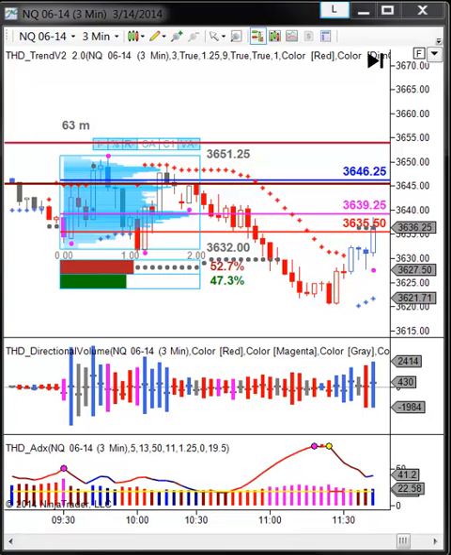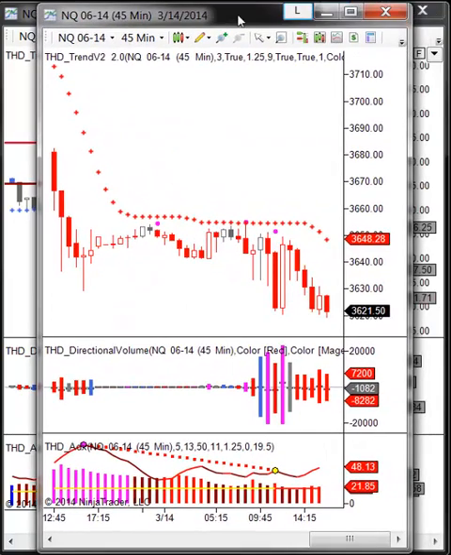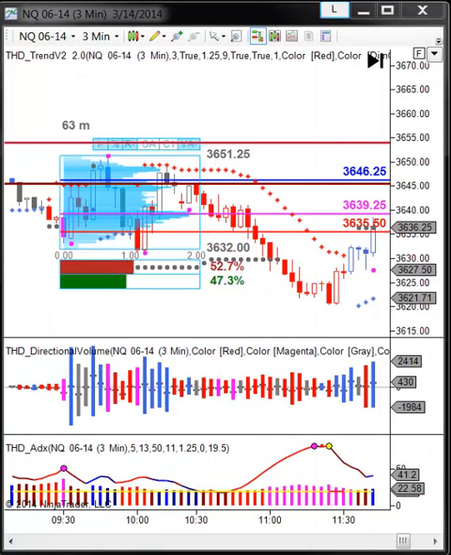And the reason that it did was the 45 minute, and I always teach all of my students to read higher time frames, was right at the ATR. And as this approached the ATR, we could see that sellers started taking control of the bars. So it made sense to me that the market would have a downward feel to it, and it did.